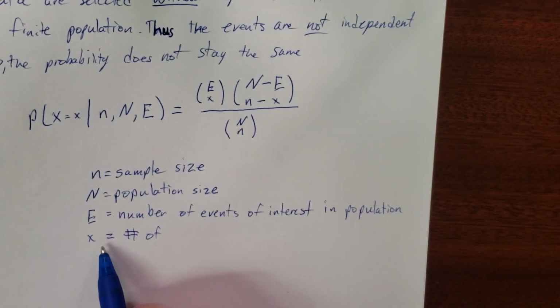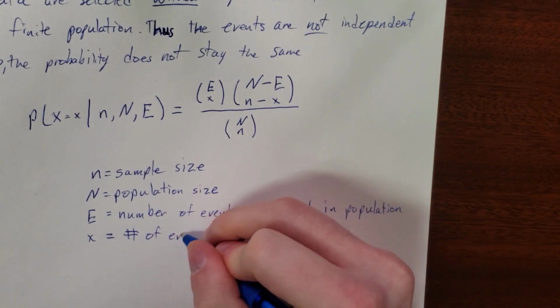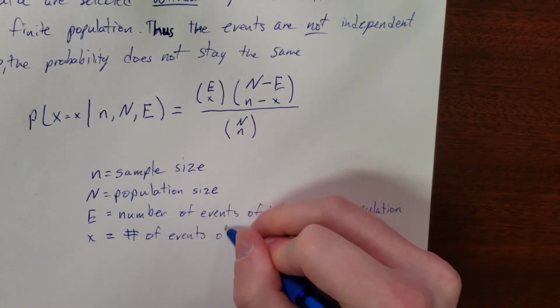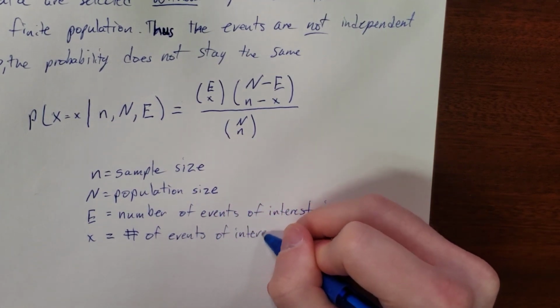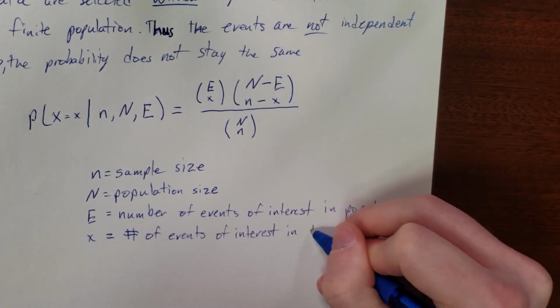And lowercase x is the number of events of interest in the sample.